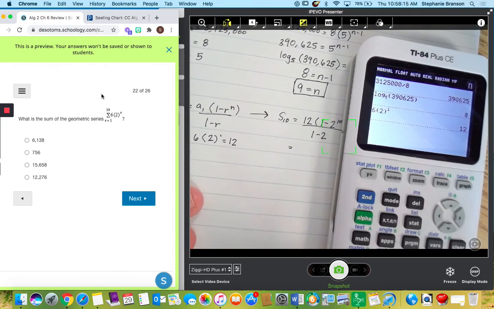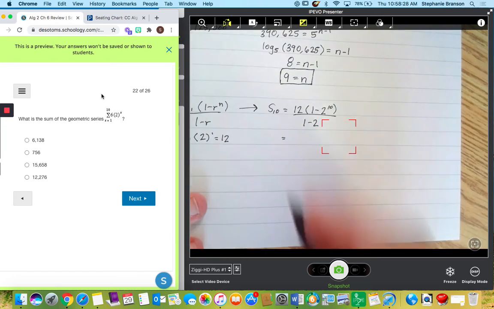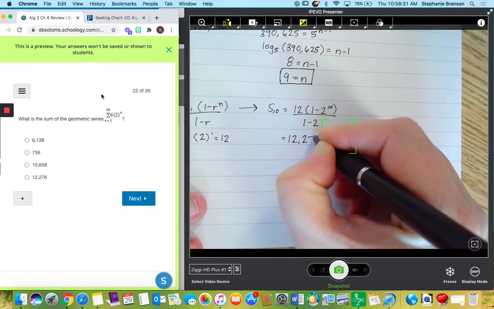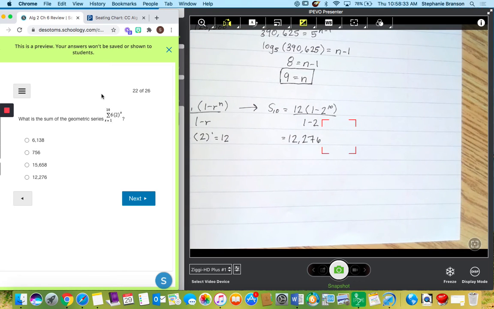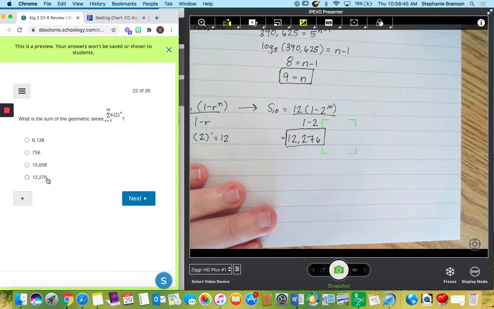So I'm plugging it in: 12 times 1 minus 2 raised to the 10th over 1 minus 2. And I've got 12,276. 12,276 is the sum of that geometric series.